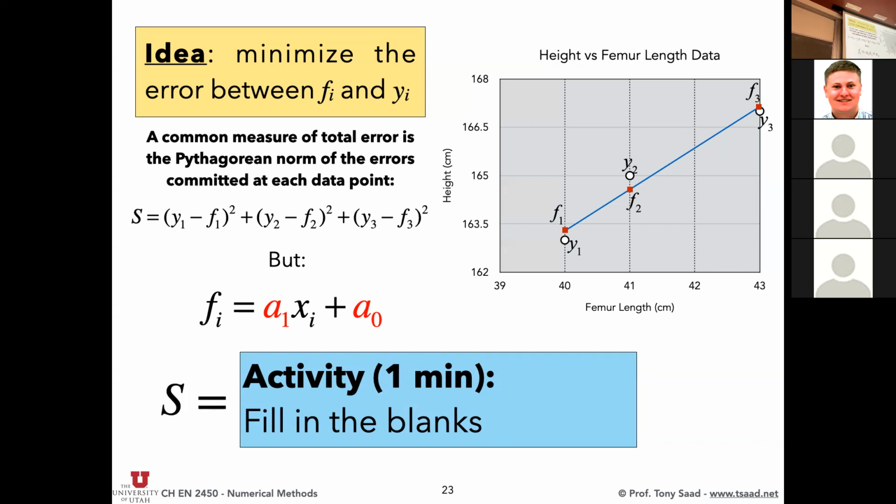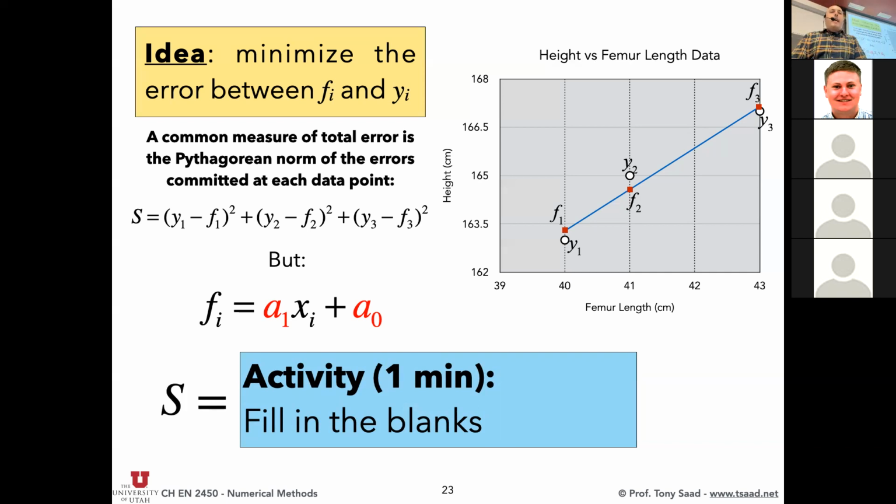Well, you've got to substitute. You can't leave xi, right? So that's applied at point 1, at point 2, at point 3, so it's F1, F2, and F3.